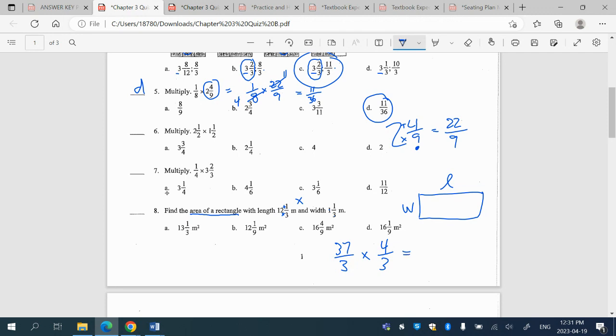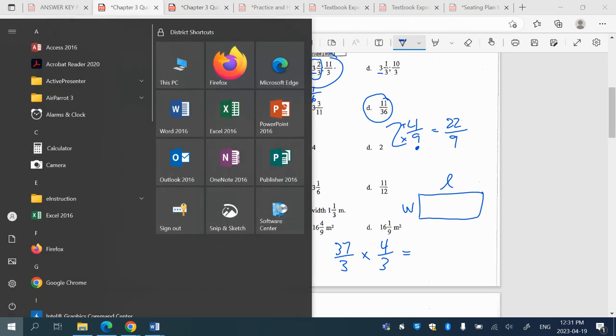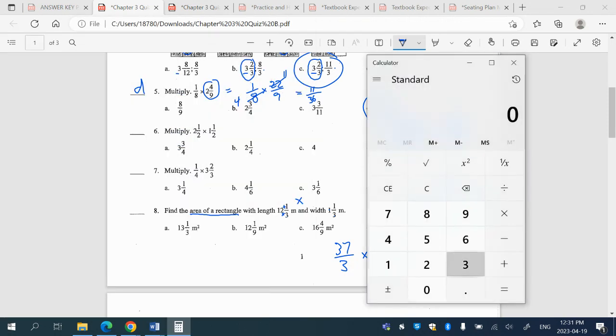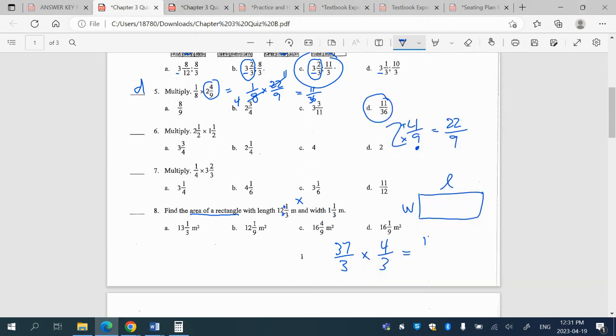That doesn't multiply by 3, and neither does that, so we got to do 37 times 4. I need my calculator for this. 148 over 3 times 3 is 9.